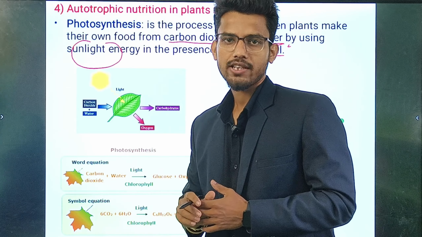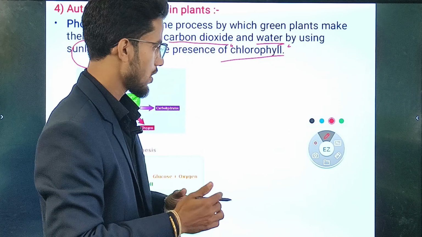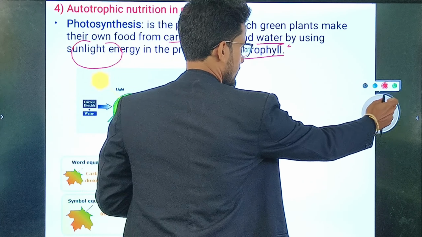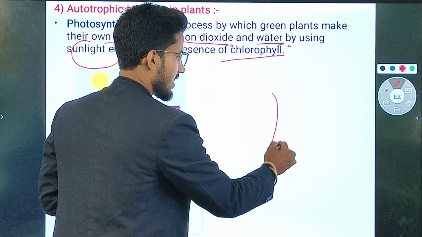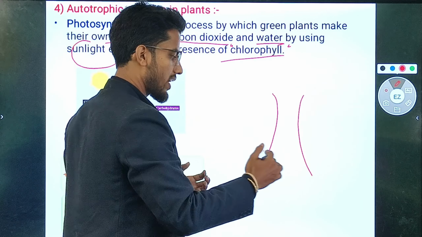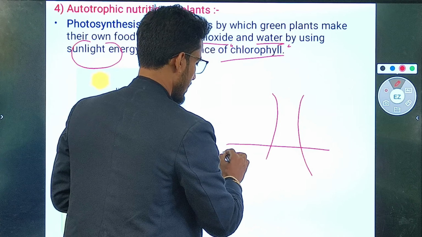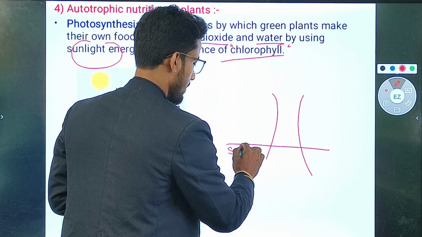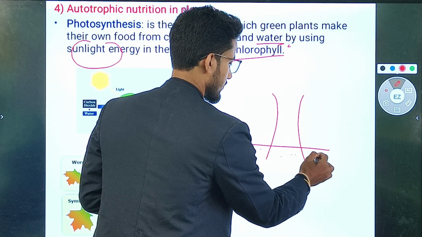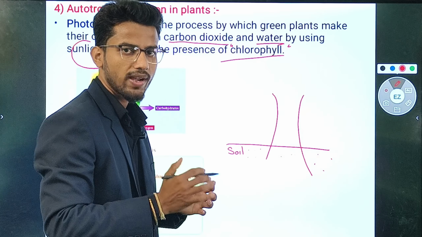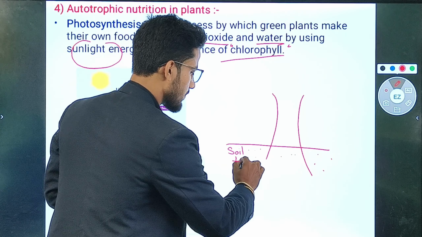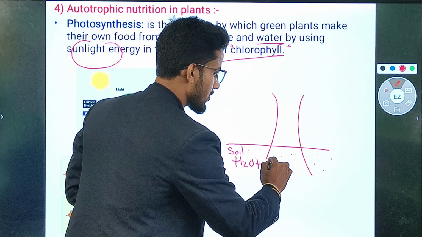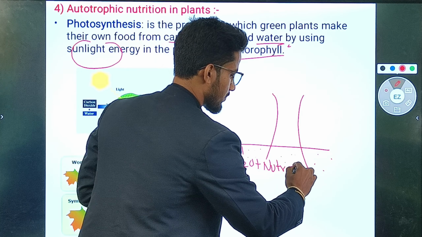However, if we try to look at this in broader terms, let's consider a plant or a tree, where in the soil an adequate amount of water plus nutrients is available.